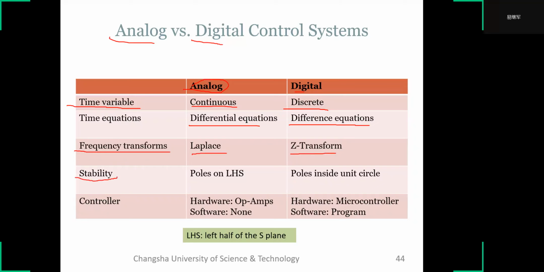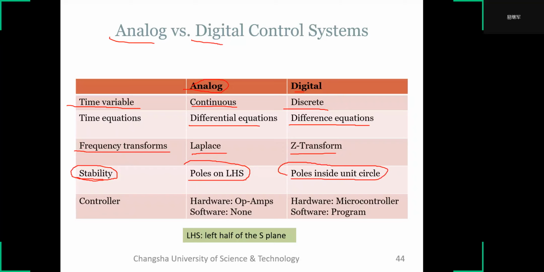For system stability, the analog uses poles on the S plane. The digital uses poles inside the unit circle.